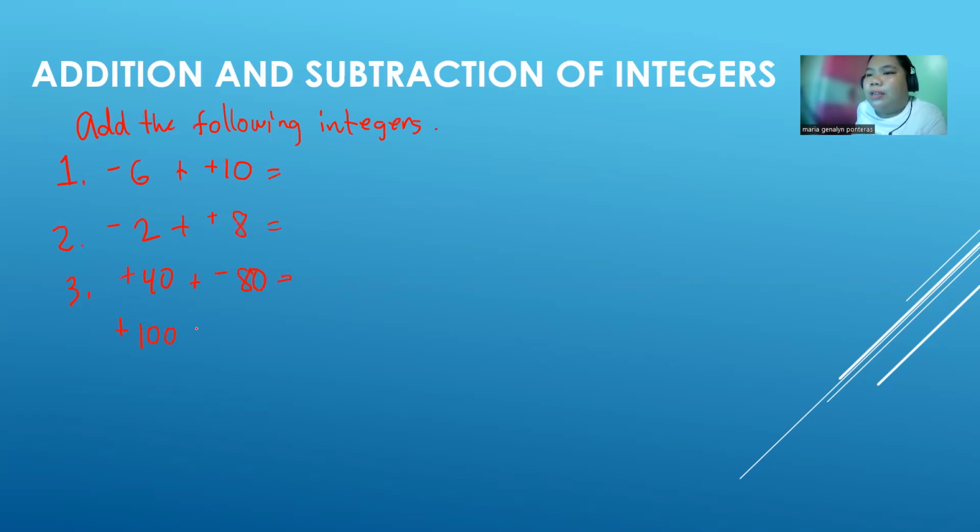Positive 100 plus negative 150. Positive 200 plus negative 67. Yan natin. Same signs naman tayo. Plus positive 4, negative 20, 201 plus negative 49.